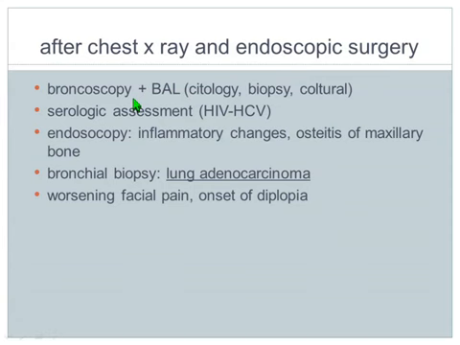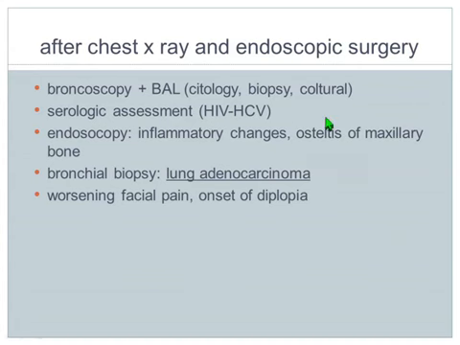Therefore, the patient had bronchoscopy, cytology, biopsy, culture examination, serologic assessment, and endoscopy of the sinonasal cavity, showing the presence of inflammatory changes. Osteitis was present, and the bronchial biopsy demonstrated with the histology a lung adenocarcinoma. Therefore, you start thinking, well, this could be a metastasis.